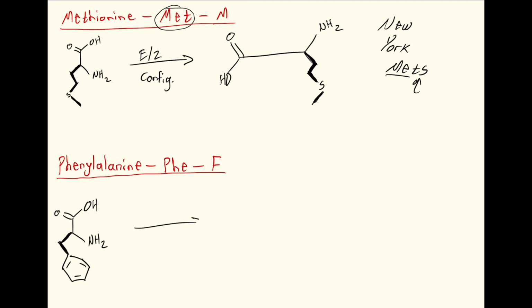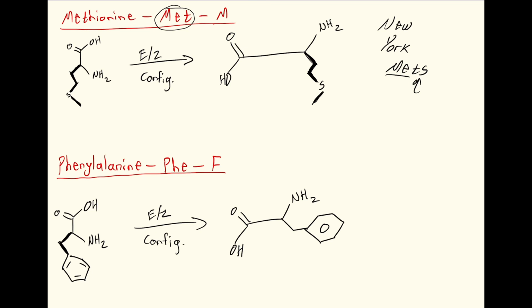Now we're gonna draw the easy config, so we see it in that configuration. So here's your NH2, your double bond O, OH, and your benzene ring right there.